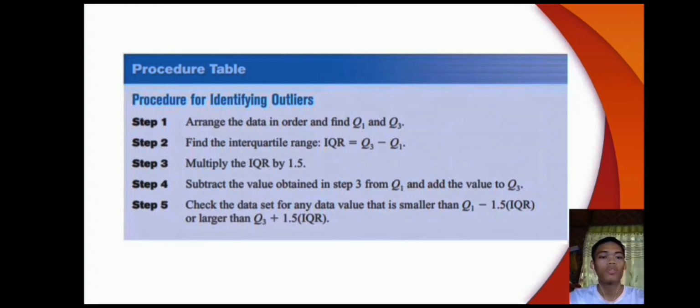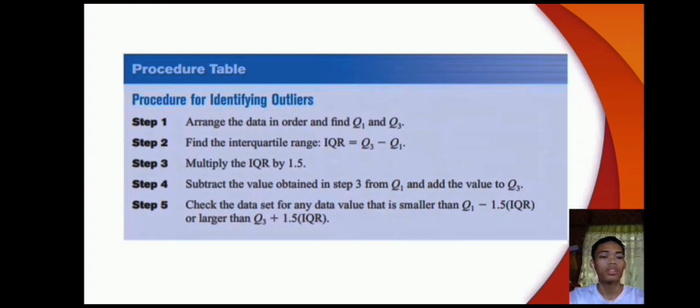Next is to subtract the value obtained in step 3 from the first quartile and add the value to the third quartile. Check the data set for any data value that is smaller than the first quartile minus 1.5 times the interquartile range, or larger than the third quartile plus 1.5 times the interquartile range.